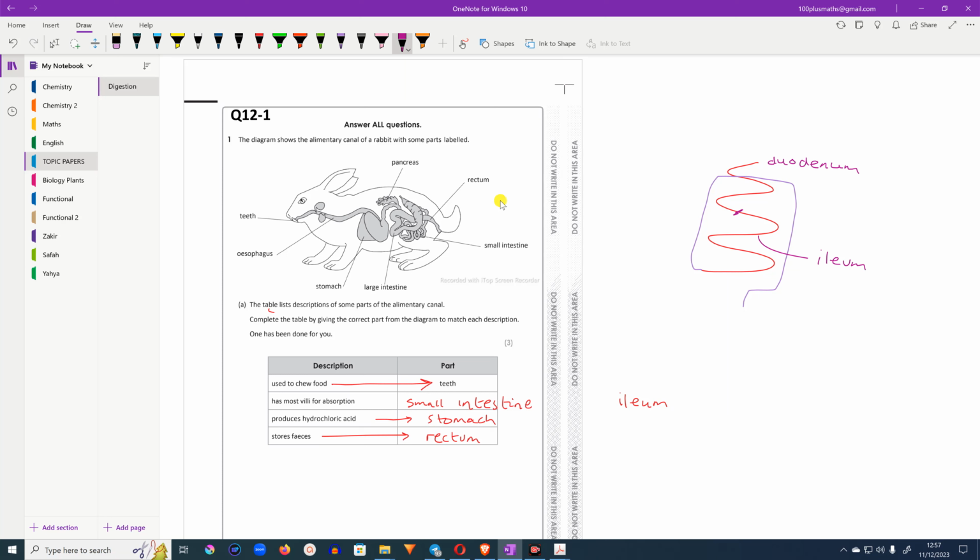The large intestine, this part is called the colon. It absorbs water, and this part is called the rectum. It stores the feces and it's expelled out of the anus. So all these words you've got to know.